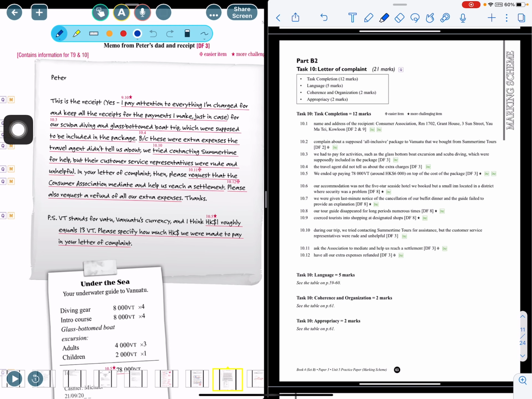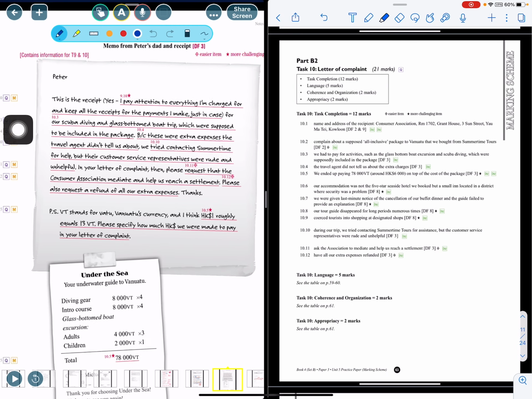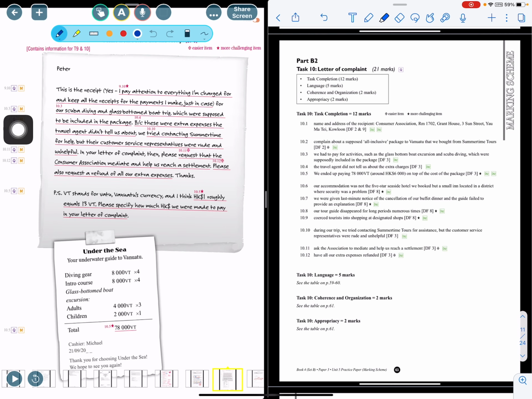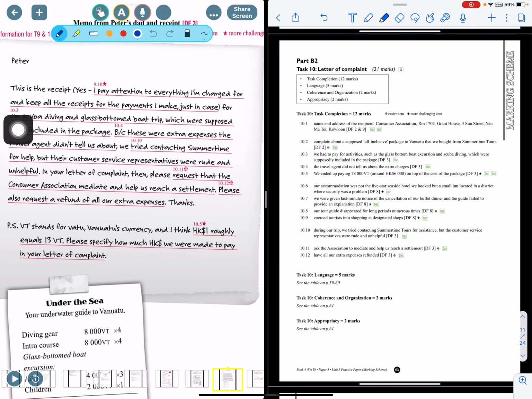In this part you can see a lot of useful information. Basically the whole page is needed. Pay attention to everything I charged for, kept all the receipts, payment, and the scuba diving. Basically about scuba diving, the glass bottom boat trip, and then extra expenses they didn't tell us about.